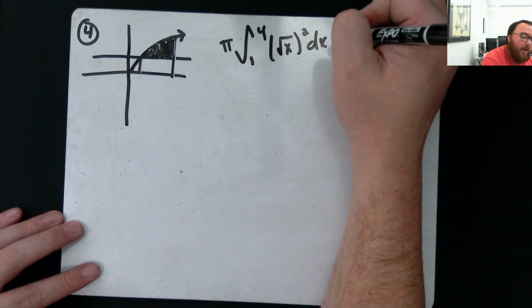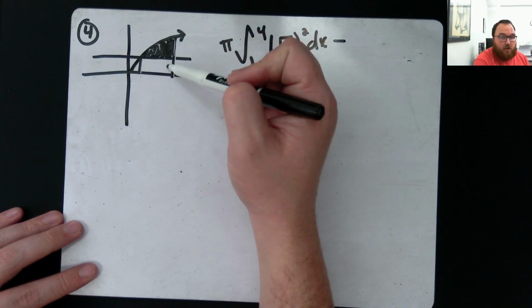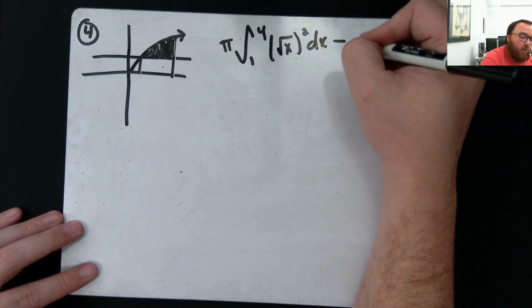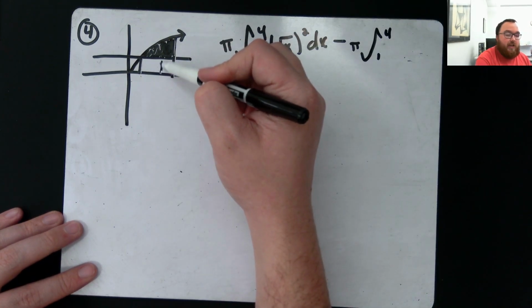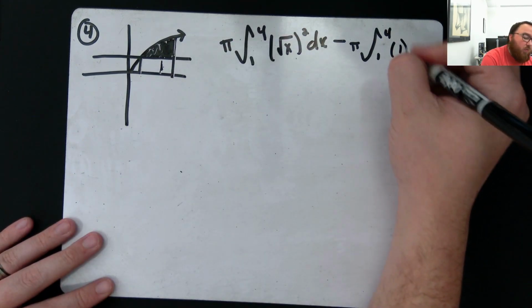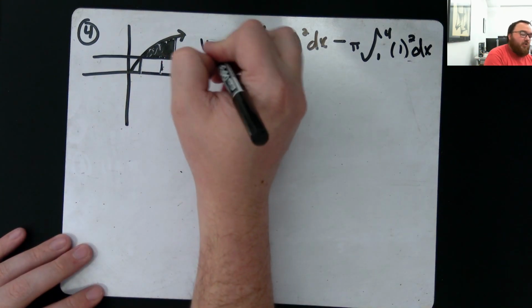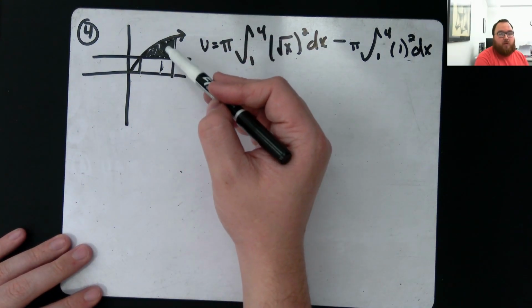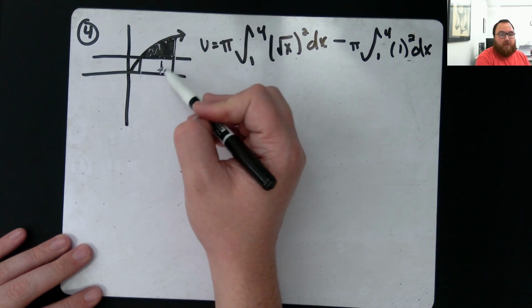So that would be minus, now find the volume from this little piece here. Well, that would be pi r squared, so pi integral 1 to 4. My r here, the function is 1. So 1 squared dx. So again, start with the larger piece, which would give me the whole thing, but then I want to take away what I gain from this.